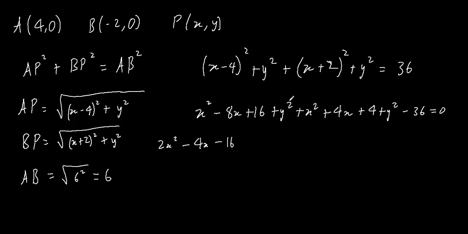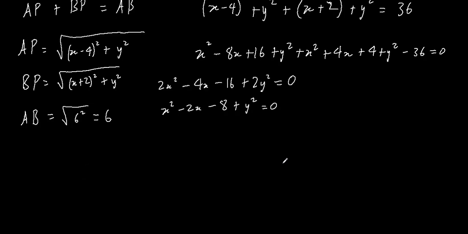And I have a y squared and a y squared, that makes 2y squared, is all equal to 0. Now, these are all multiples of 2, let's just divide through. We have x squared minus 2x minus 8 plus y squared is equal to 0. And this is the equation that describes the shape.